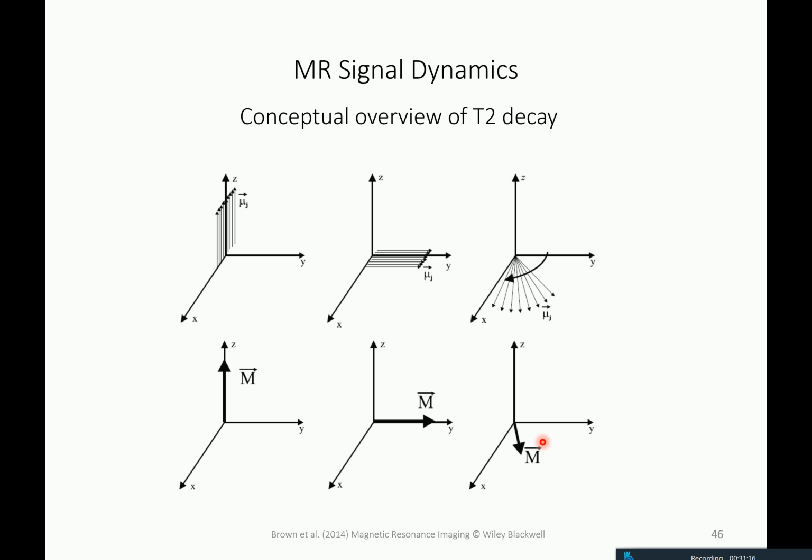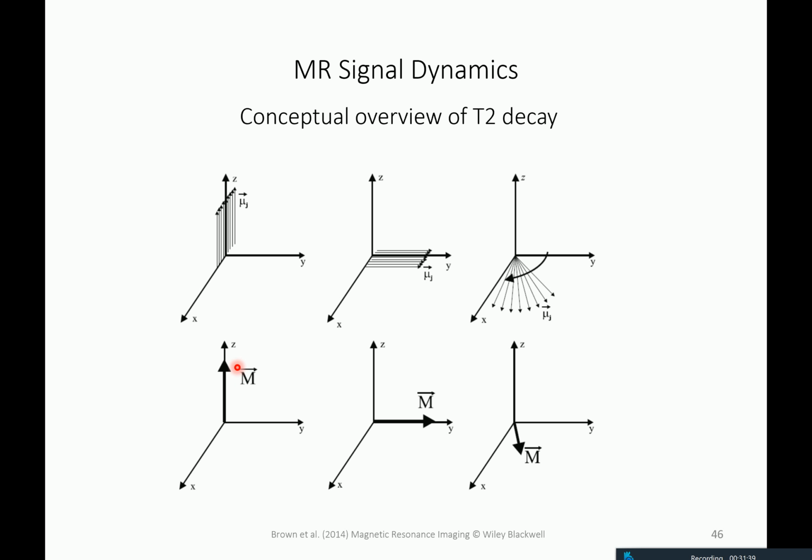So the crucial thing that's happening here, and this is the whole point of what it's trying to show, is that the signal that is measured in the transverse plane, as a complex number, so as a two-dimensional thing, gets smaller over time. That's the most important thing you should take from this.